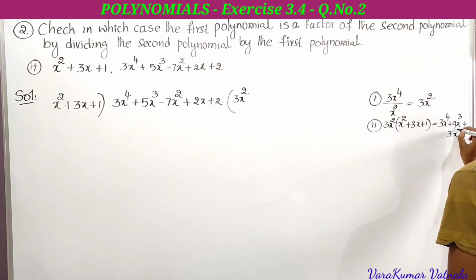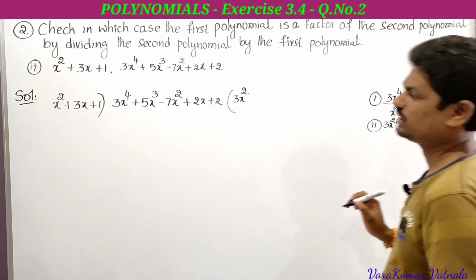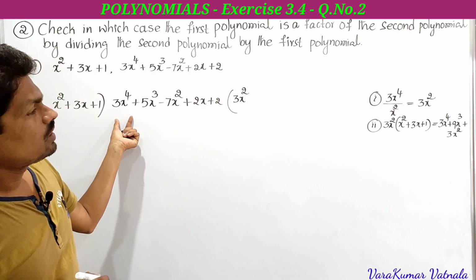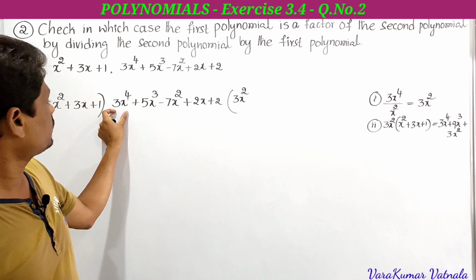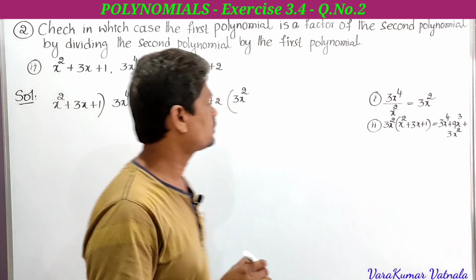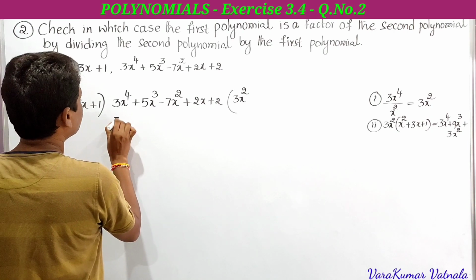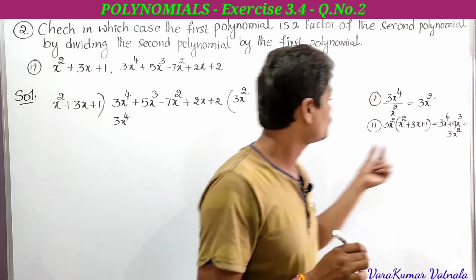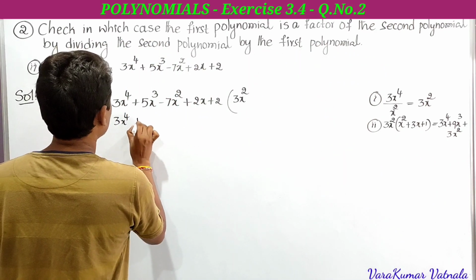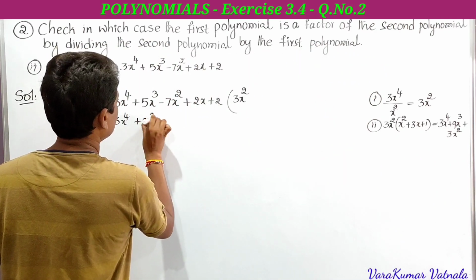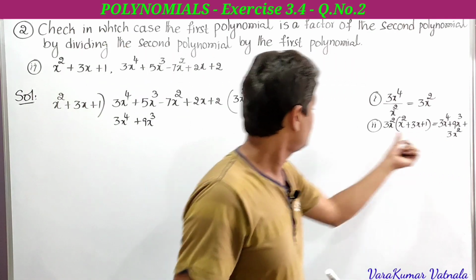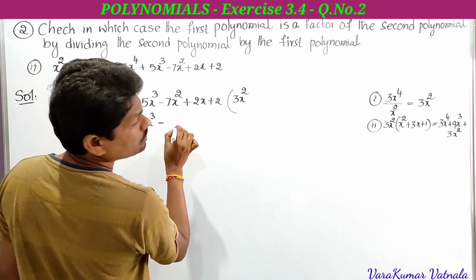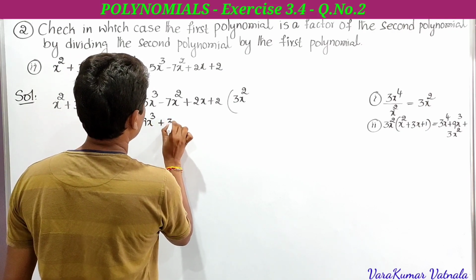So first write the terms below the dividend terms as like terms. Write 3x to the power 4 below the x to the power 4 term. Write 9x cube below 5x cube. Write 3x square below the 7x square term.